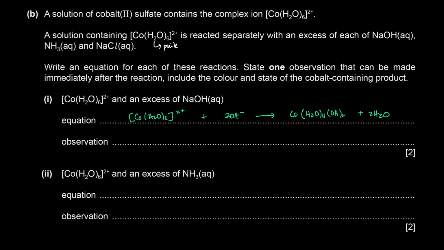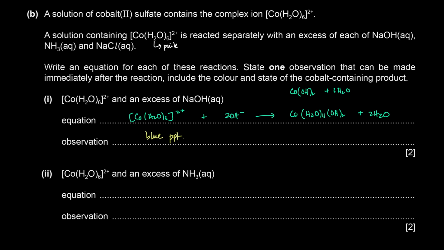Alternatively, you can also write in the products cobalt hydroxide and 6H2O. These are both acceptable products. Ultimately, what you do end up forming is a neutral precipitate. And the observation here is that you form a blue precipitate. Cobalt hydroxide is a blue precipitate, cobalt 2 hydroxide.